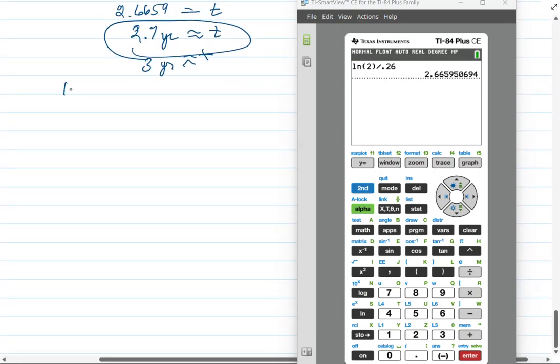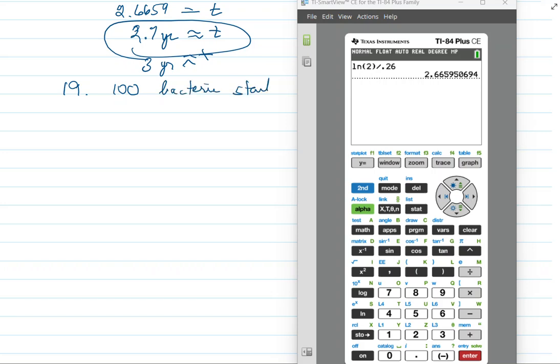Okay, nothing. Okay, we're on 19, and this is bacteria. The bacteria in a container quadruples, that means times 4, every day. And there's an initial 100 bacteria.